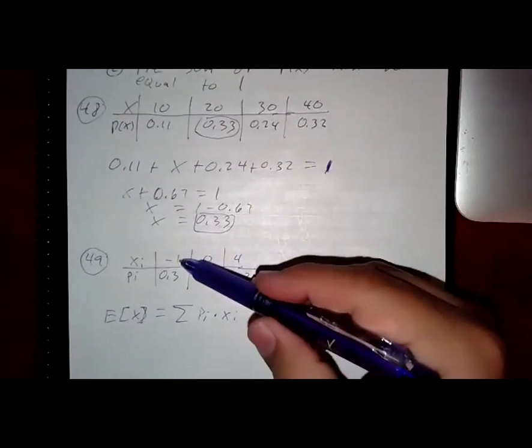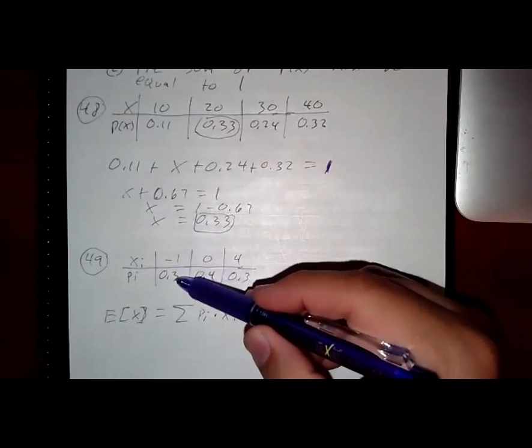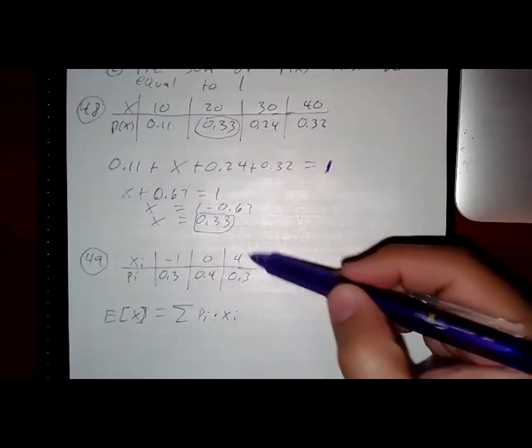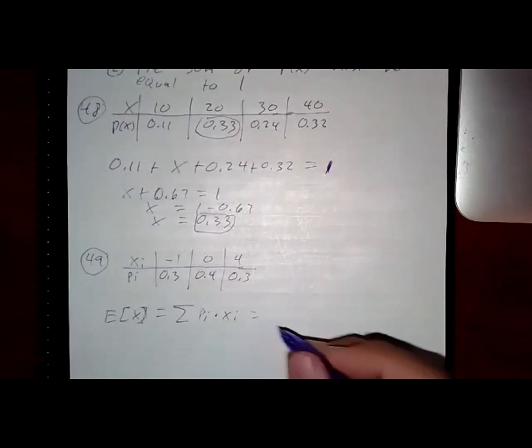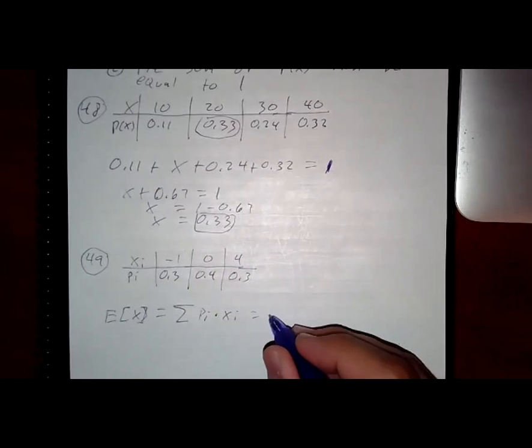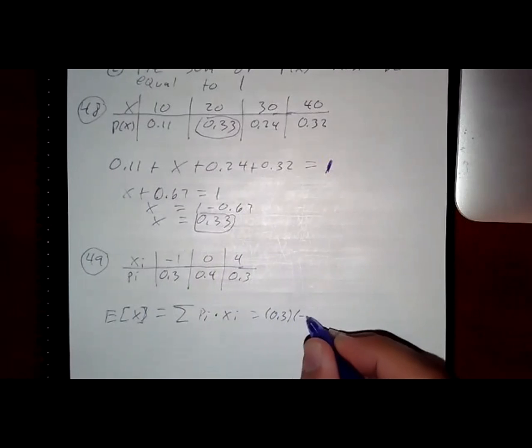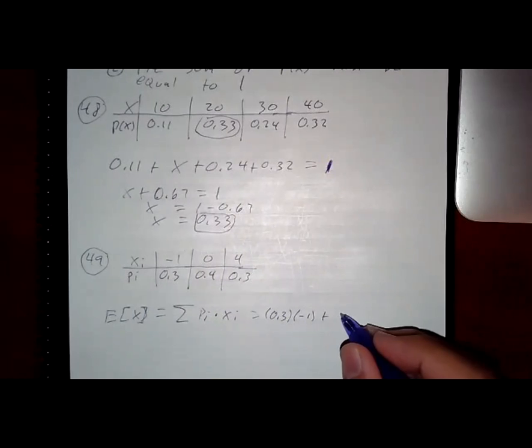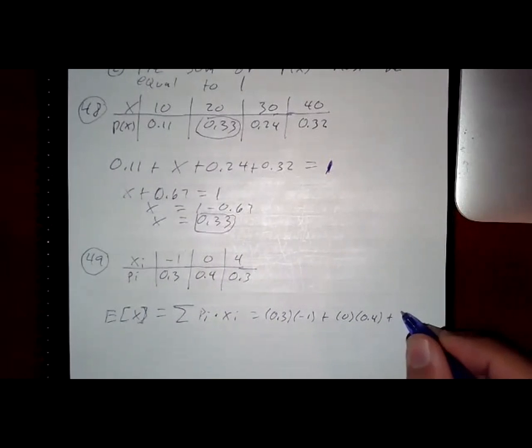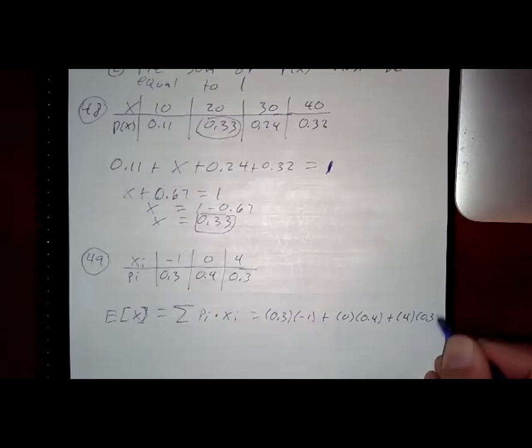So all I do is multiply these numbers. -1 times 0.3, 0 times 0.4, 4 times 0.3, and you add them up. So 0.3 times -1 plus 0 times 0.4 plus 4 times 0.3.